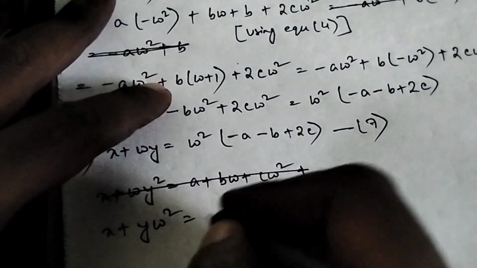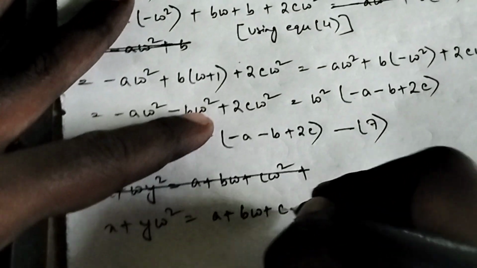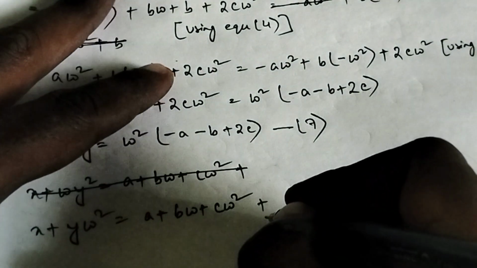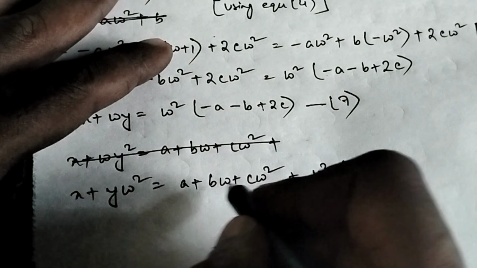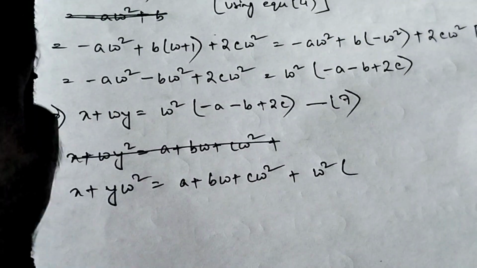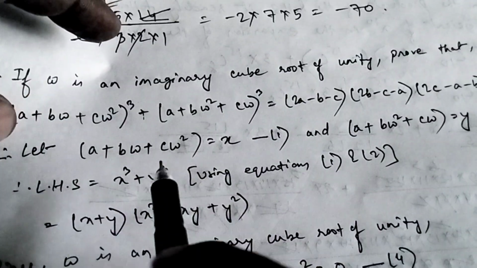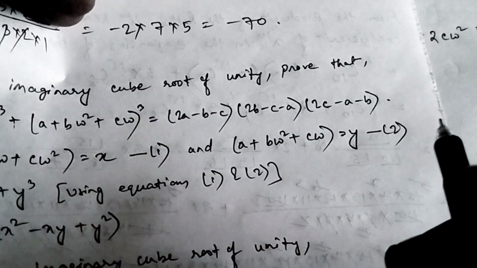So what is x? Again x is a plus b omega plus c omega square, plus omega square into what is y? Remember what was y? Y was a plus b omega square plus c omega.